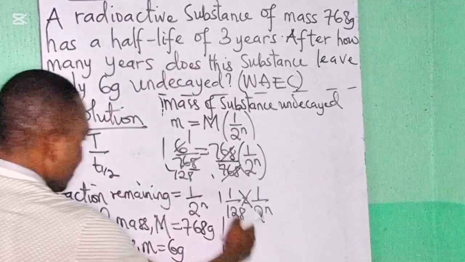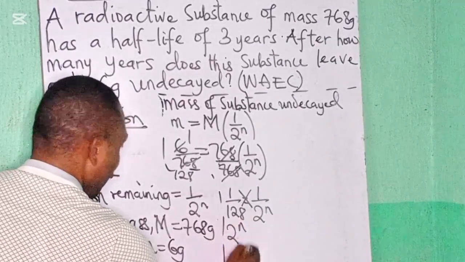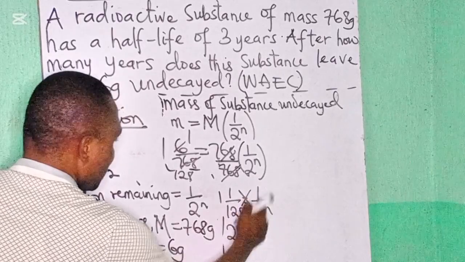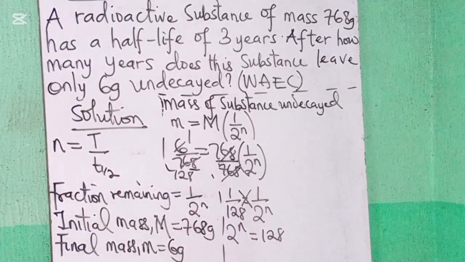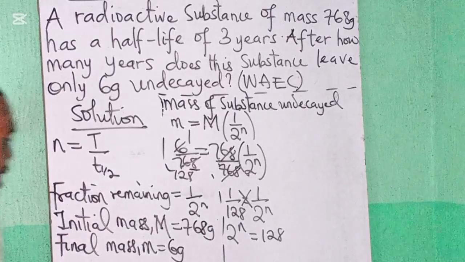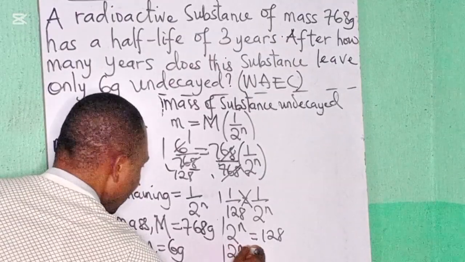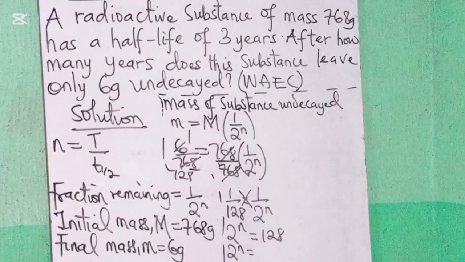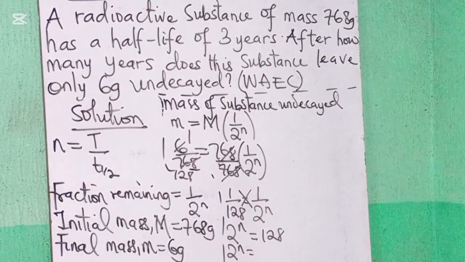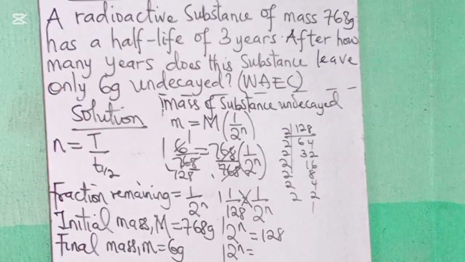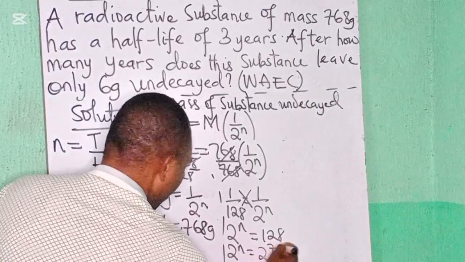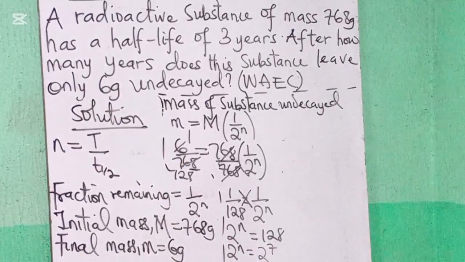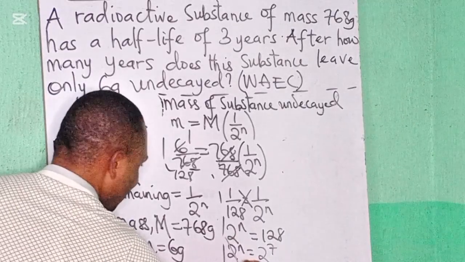This times 1 becomes 2 raised to the power of n, and this times 1 becomes 128. Is that understood? So from here, I'll be having 2 raised to the power n equals 128. Now, how many times can 2 go in 128? 7 times. So 2 raised to the power of 7. Is that clear? So from here, I can easily strike out 2.